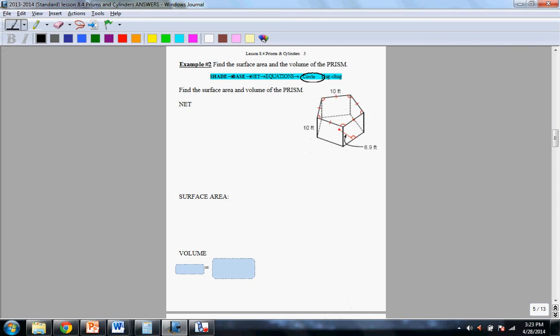Example number 2. Our first job is to draw a net. So we're going to draw a net of our base here.